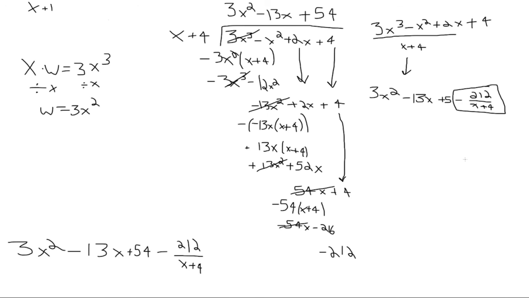So what we have to do, because there's a remainder, is we have to say minus 212 divided by x plus 4, okay? Because that's basically saying how many x plus 4s are in minus 212, right?